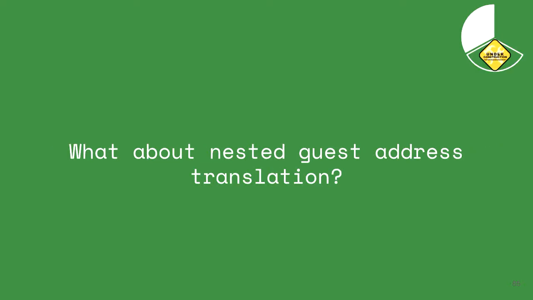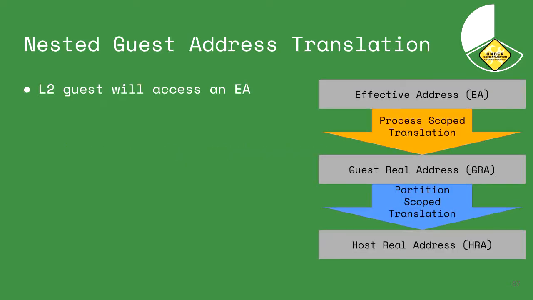But what about nested guest address translation once we're actually executing in our nested guest? So we go back to this model of our two-step radix tree translation, which I introduced before for a normal guest.